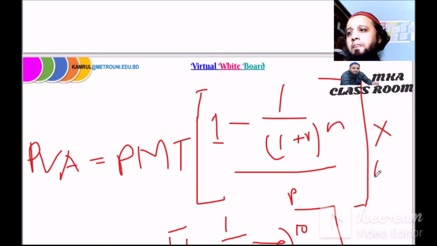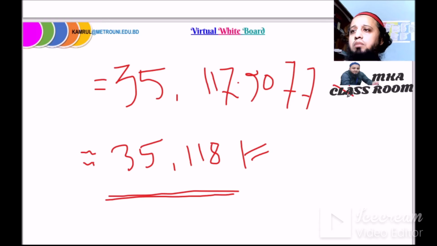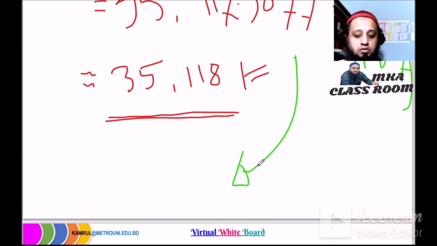So if we use this formula again and multiply by 1 plus r, or 1.07, the second portion will give the result: into 1.07, this will result in 37,576.16 taka.